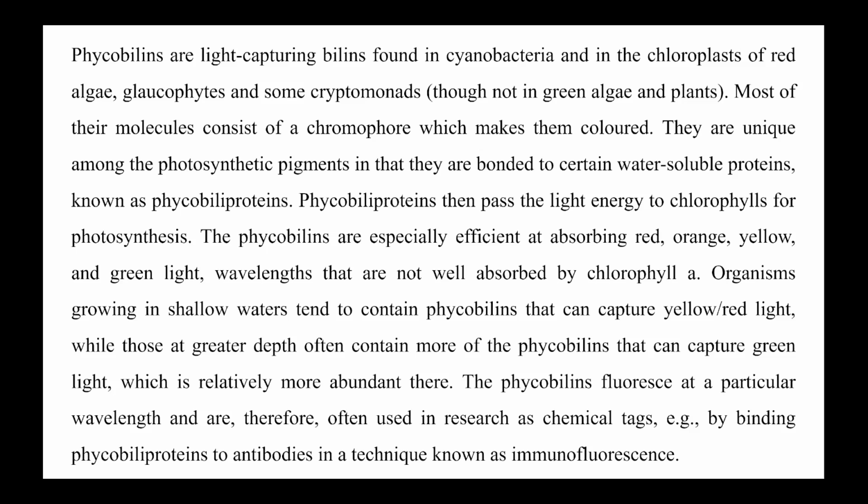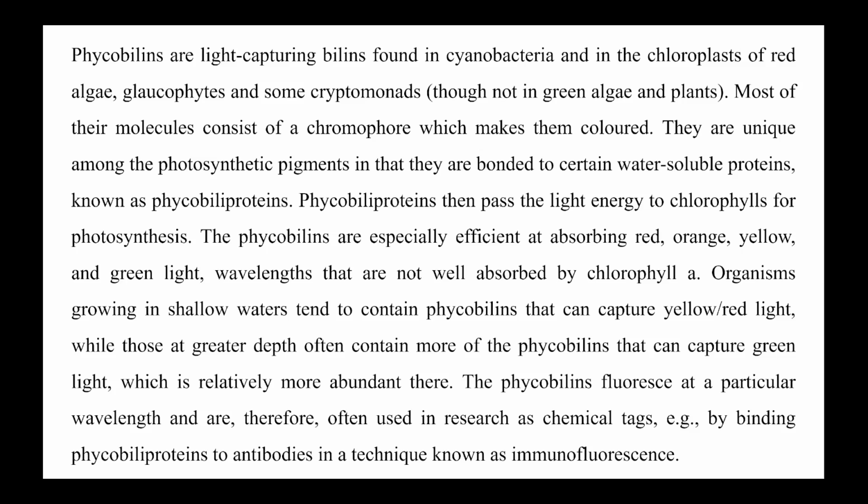So these other pigments help absorb in other wavelengths. Chlorophyll A can absorb in around 600 and 400 nanometers of wavelength. Phycobilins can absorb in the red, orange, yellow, and green light wavelength range. That means it can widen the absorbance range of light for any organism.